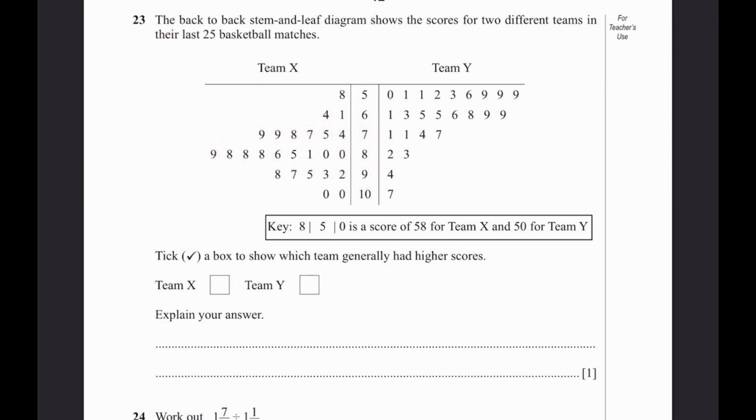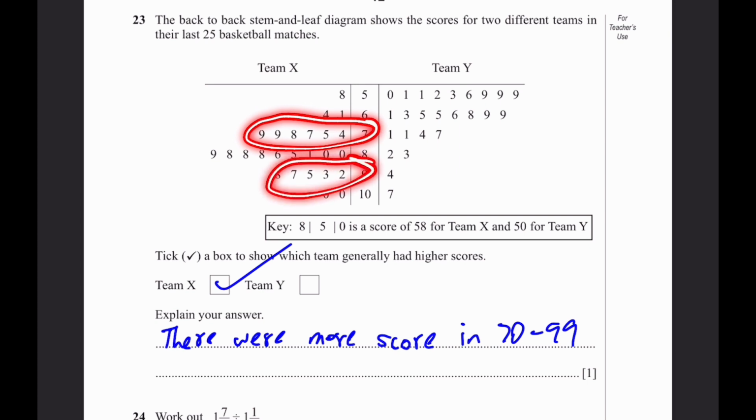And therefore, Team X had generally higher scores because there were more scores in 70 to 99, including 80.